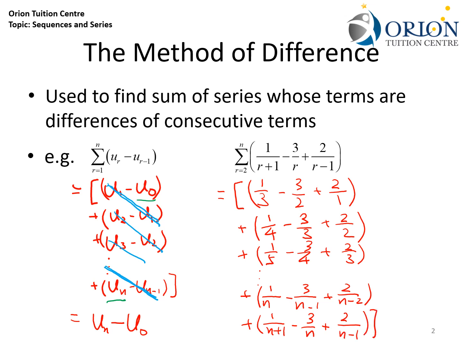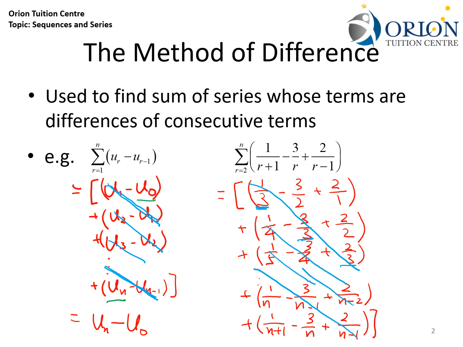And what we can observe now is that the terms 1/3 minus 3/3 plus 2/3 will cancel out nicely for us. Likewise, every term in between, up to 1 over n minus 1 minus 3 over n minus 1 plus 2 over n minus 1, will cancel out nicely for us.